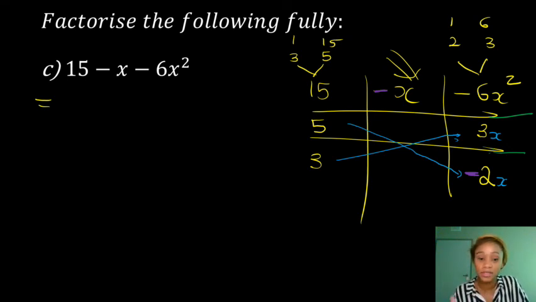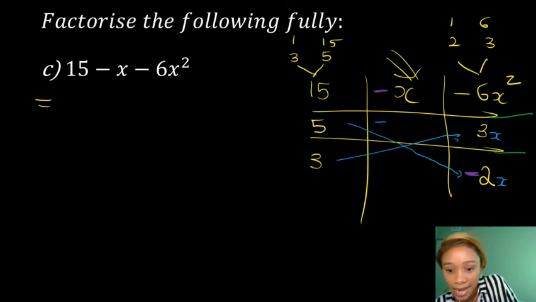Guys, you should know that when it comes to trinomials, when it comes to this method, it's not just plug in and get an answer. You have to practice, you have to find your strategies. Like I'm saying, you're trying to make the middle term, so you have to keep on changing things such that you actually get the middle term, right? So now 5 times negative 2x gives me what?